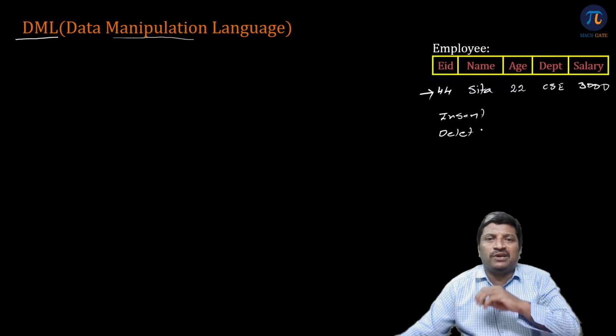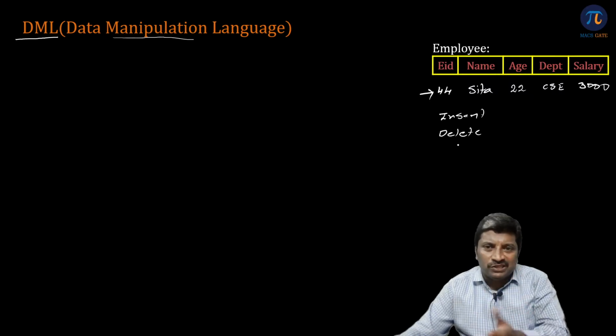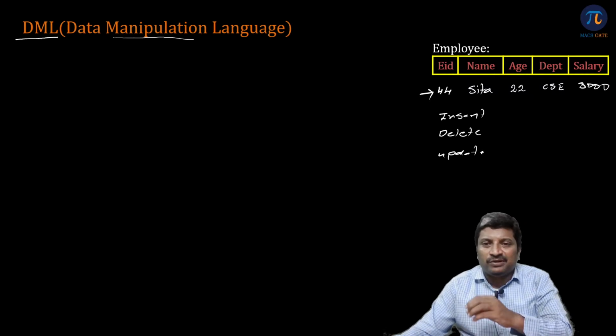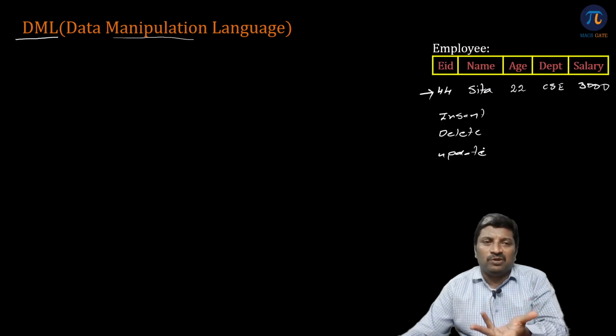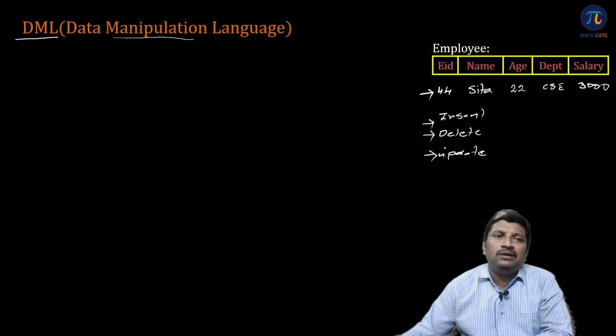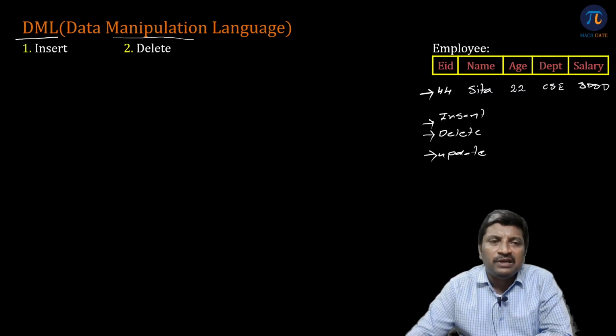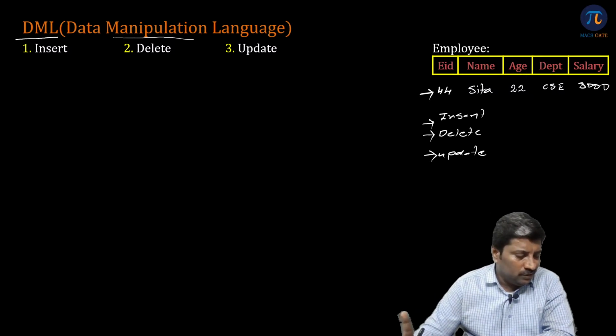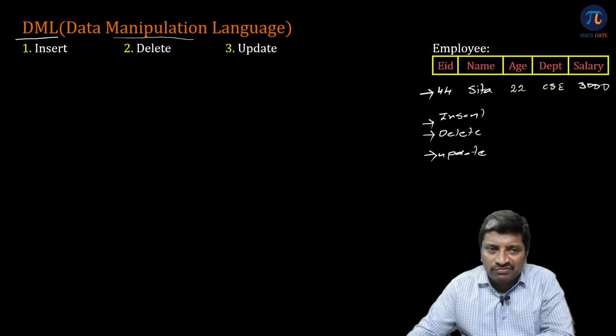Suppose Sita left our institute. Then I want to delete Sita. Sometimes I want to update. Suppose we give an increment to Sita. Then I want to update. So mostly these are the three actions we do in DML. Insert, delete, update. How to insert a record, how to delete a record, how to update a record. That's it. Right? So let us discuss each of these one by one.